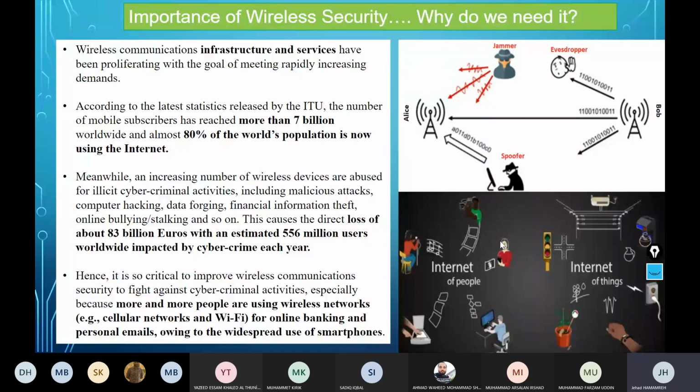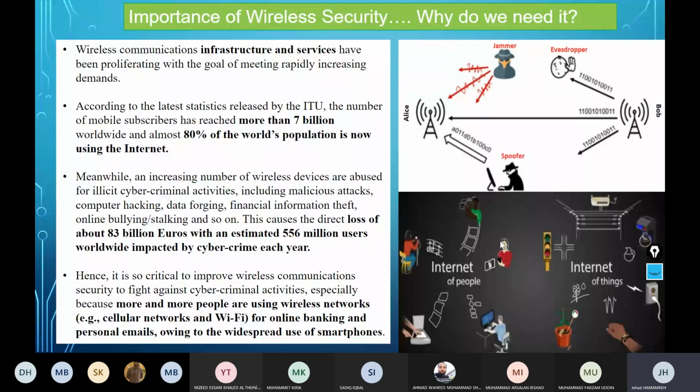Because I'm using more data, I'm downloading more videos, I'm sending more videos, I'm sending too many text messages. All these things force the industry to develop technologies that can provide us faster internet, higher speeds, and devices with much larger storage. And this is a fact, actually. Everybody is seeing this and witnessing this.